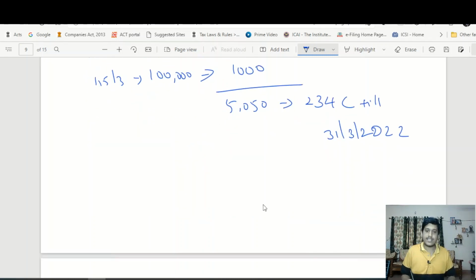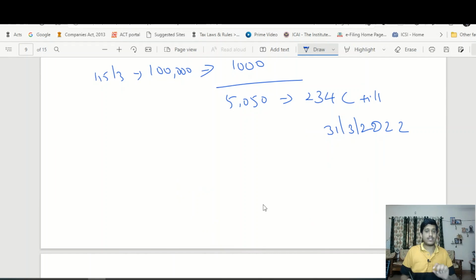Let us say you finally pay your self-assessment tax in the month of August. So which makes it April, May, June, July, August. Again from 1st April till August, for 5 months, interest will be charged under 234B. The entire shortfall amount, 1 lakh into 1% for 5 months, which makes it 5,000 rupees.